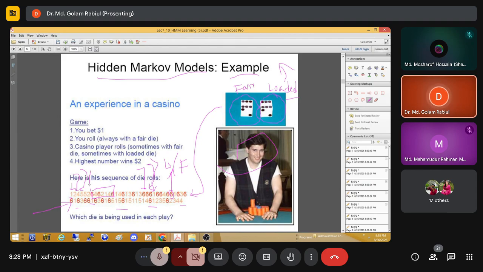Maybe this observation is from the loaded die, this from the fair die, the next from the loaded, then fair, and then maybe loaded, like this. So based on the observation, we want to predict the states that are hidden from us, and we can apply the hidden Markov model for that purpose.